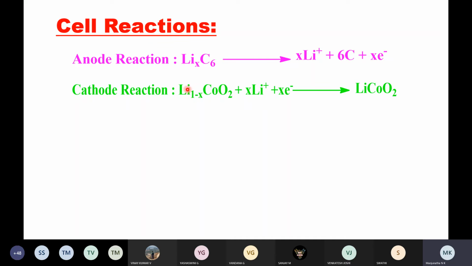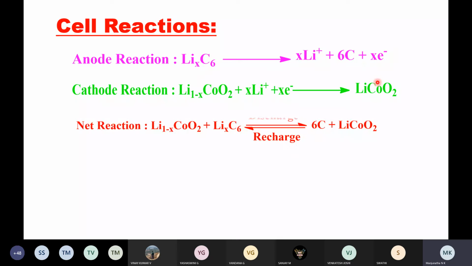The lithiated cobalt oxide present at the cathode gains the liberated electron and reacts with lithium ions. There is a formation of lithium cobalt oxide, with liberation of energy. And this is the net reaction, where electron and lithium ion get cancelled.